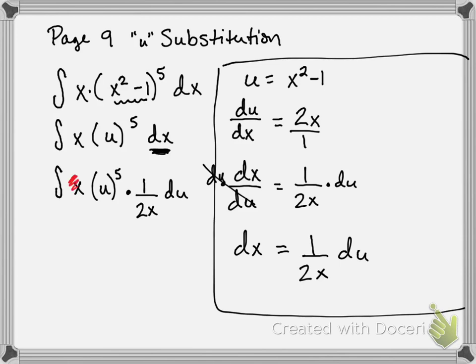This x over here will cancel with this x over here. So you really are now working with this integral: 1 over 2 u to the 5th power du. Now that's a really easy integral to take.